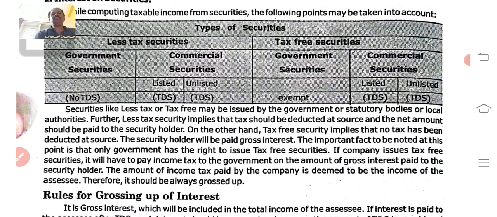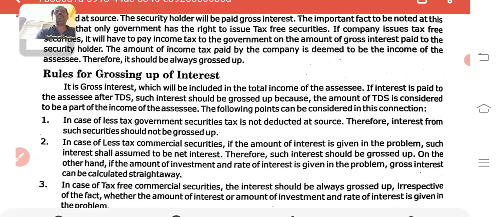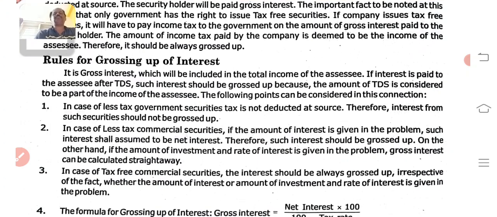The amount of income tax paid by the company is deemed to be income of the assessee. Therefore, it should always be grossed up. So, these are the rules for grossing up of interest.